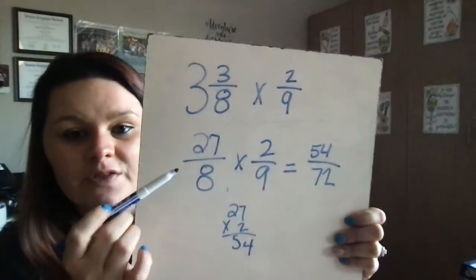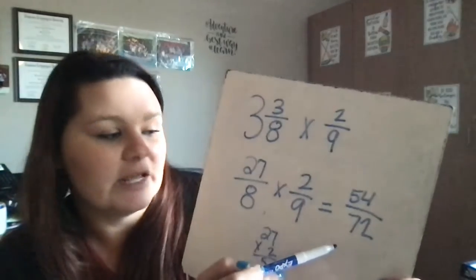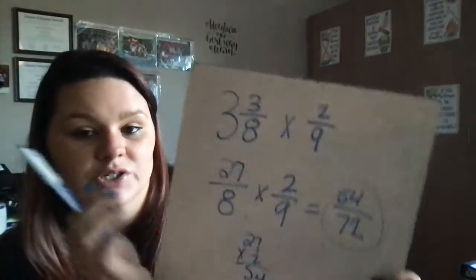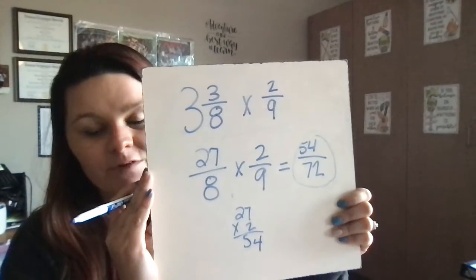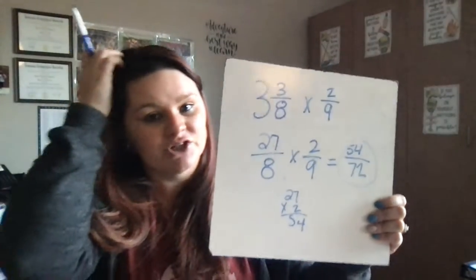Now, we know that this is less than 1 whole because the numerator is less than the denominator. So we can't change this into a mixed number, so we're just going to leave it like that. 54 over 72. We could simplify the fraction, but we're just going to leave that for now. When I say simplify, I mean make it a smaller fraction, not into a mixed number.